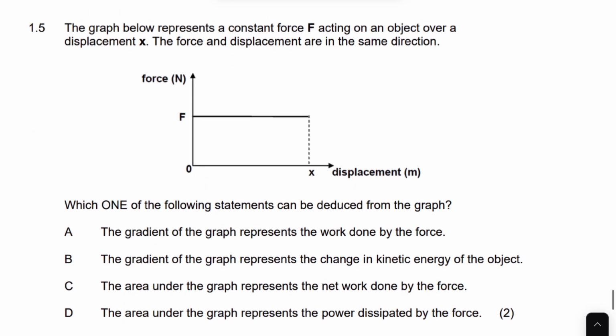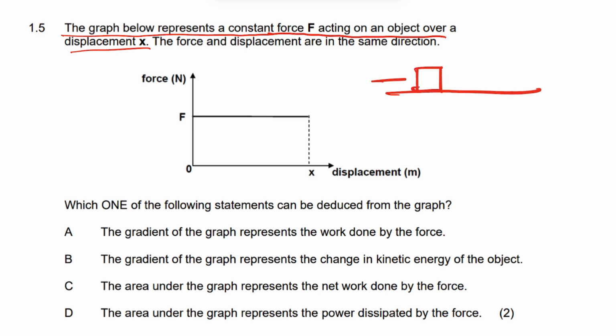1.5 says the graph below represents a constant force acting on an object over a displacement. So it's like you are pushing an object by a force, and there's a displacement.